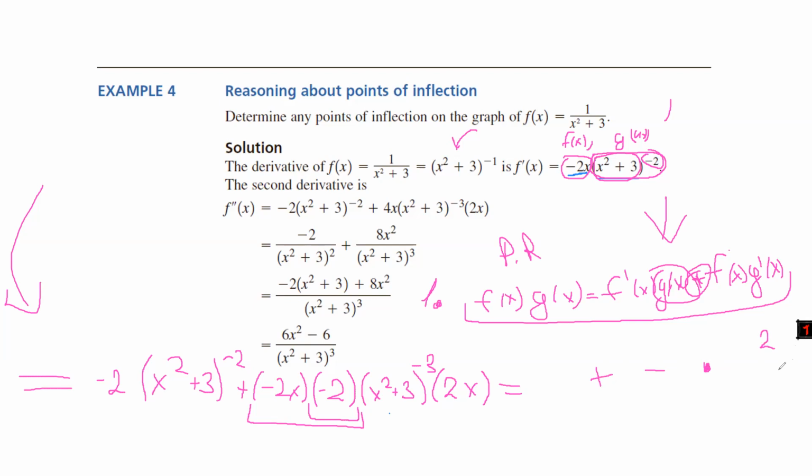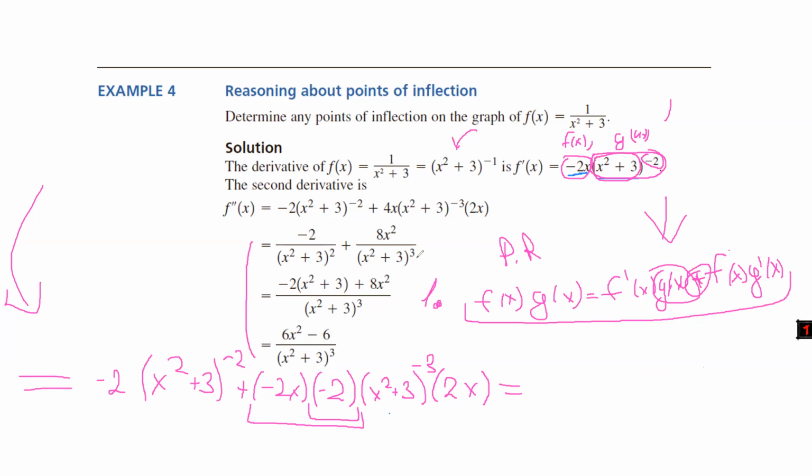Do the power first. So if you have, for example, 2 times 2 squared, you cannot do 4 squared. You would have to do the power first. Is it right? Yeah, okay.